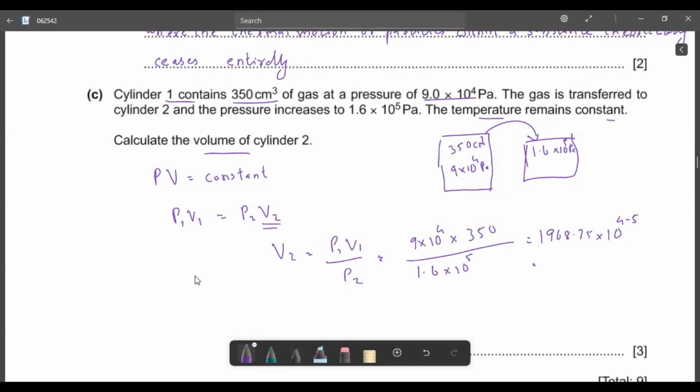So 10 raised to 4 minus 5 will be equal to 10 raised to minus 1. So we can shift the decimal point by 1 place, 196.87, and it can be approximated to 197, or rounding to significant figures, that is 200 centimeter cube.